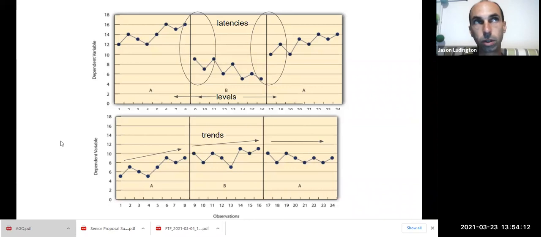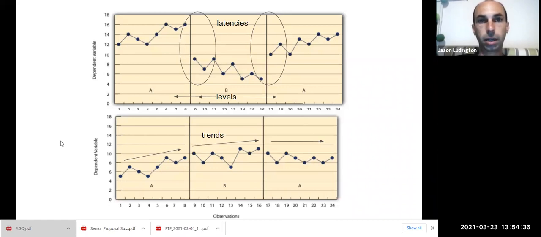So trend is a way to describe this layout or representation of data. And you can describe it using the words increasing trend, no trend, or decreasing trend.